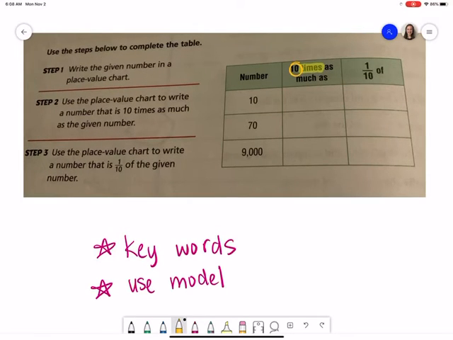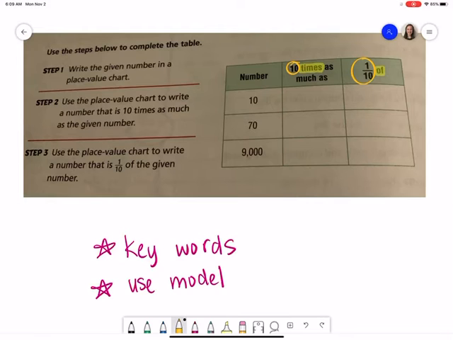Okay? And again, I'm going to highlight my keyword over here. And we only have one, so we know it's of. Okay, and I'm going to circle my key number, which is 1/10. I'm going to move that a little bit so we can see the of. Okay, and so you might be thinking, Miss Stokes, why is that a keyword? Why is that something that we need to highlight?